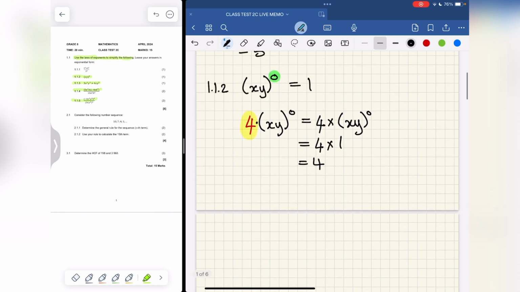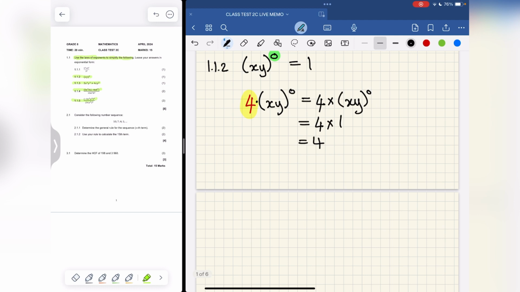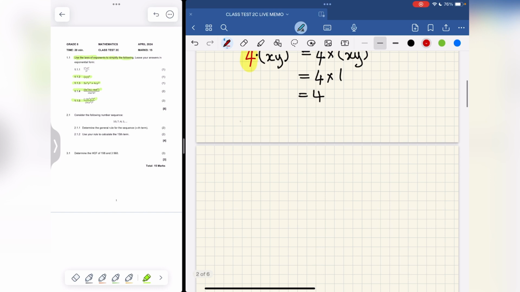Let's take another example. So we're not moving on to 1.1.3 just yet. Let's say I have negative 3x in front of this bracket. Let's take the same bracket of x, y to the power of 0. Now this product, negative 3x, is being multiplied with the bracket, which is raised to the power 0, and it itself is not being raised to the power 0.